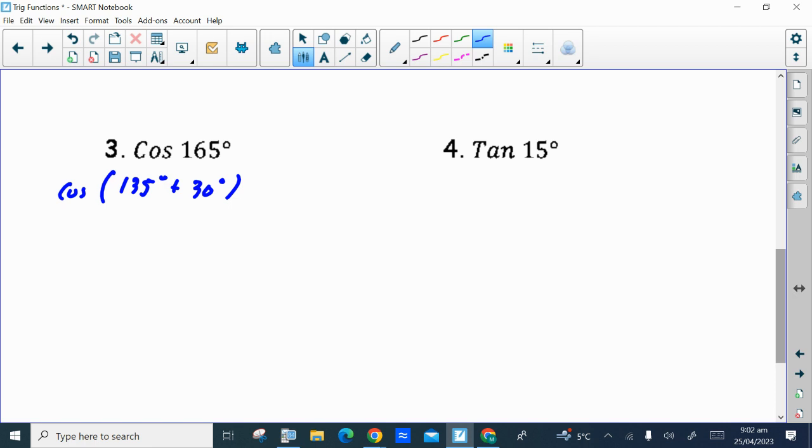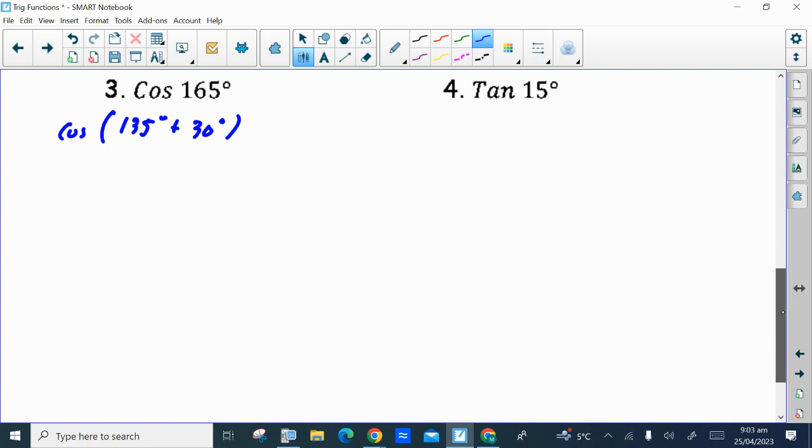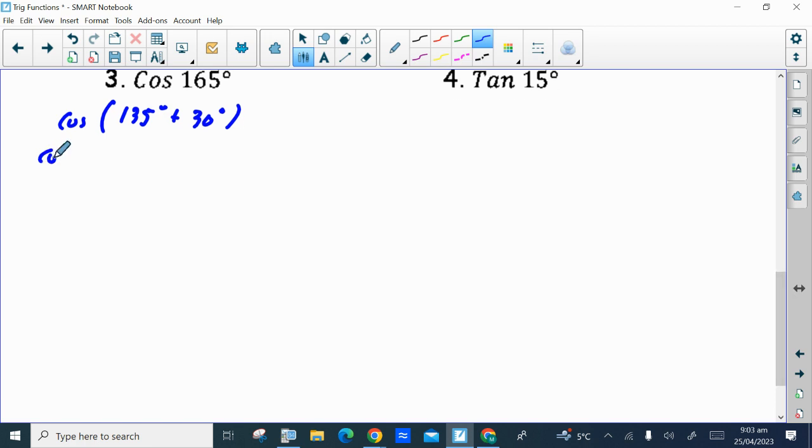It has a reference angle of 45 degrees. So it's on the unit circle. In this case, again, we're using the sum identity for cosine, which is cos A cos B minus sine A sine B.